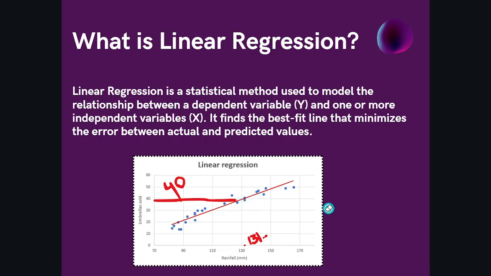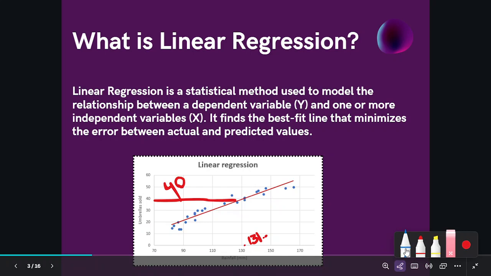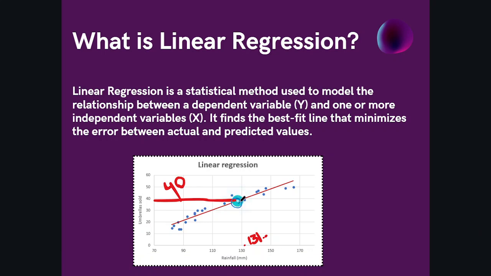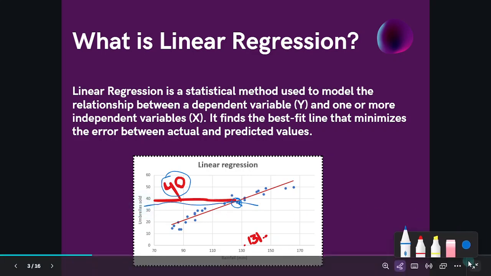Now you can see here there was a data point, this one, that was the actual data point, which we surveyed and registered in the records. And this one is found through the line, this 40.